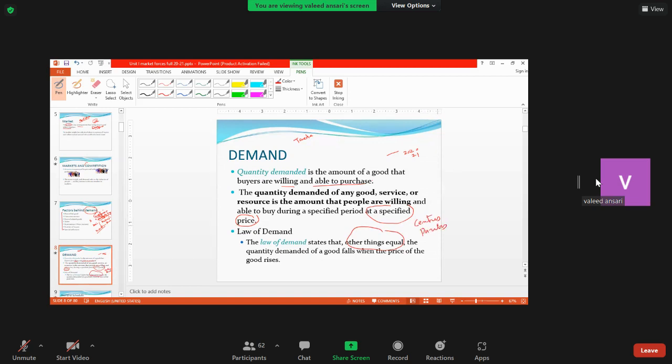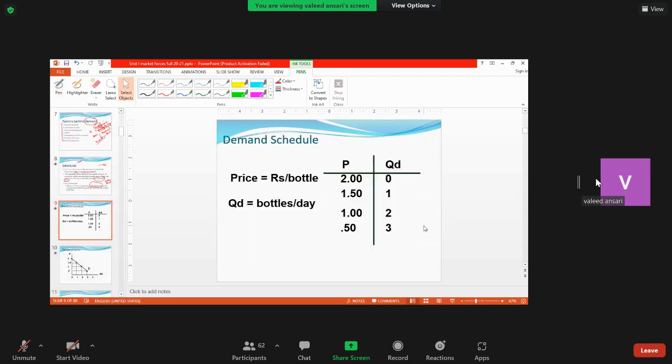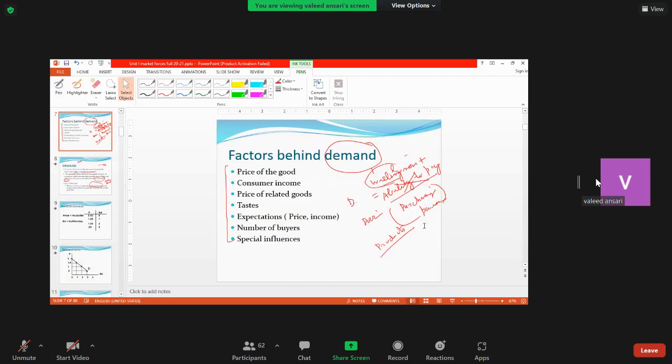What are the other things? These are factors behind demand, like supply, consumer income, and so on and so forth. So it is assumed that these factors, apart from price, the rest, do not change, held equal.